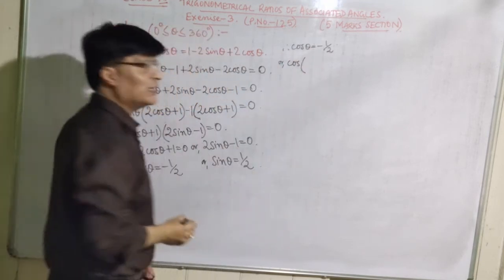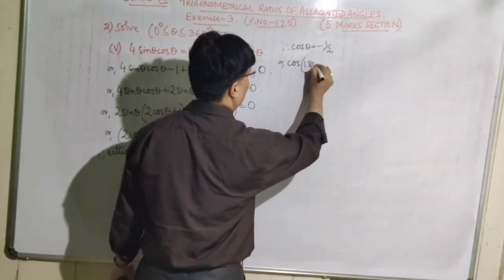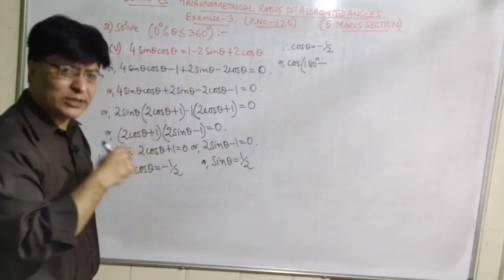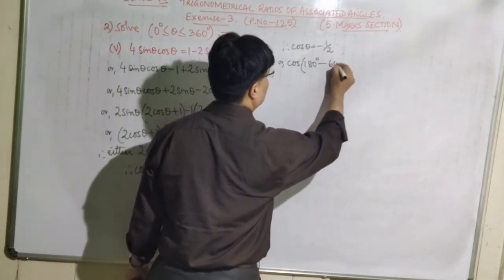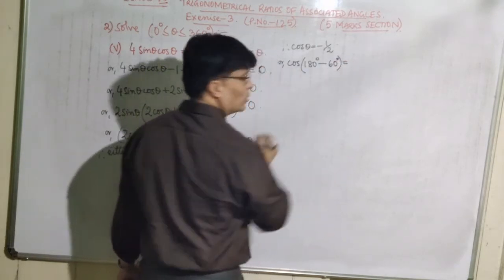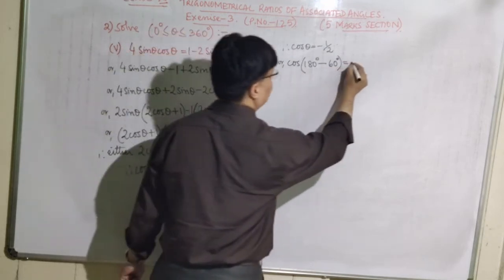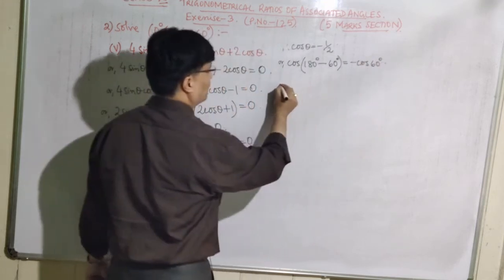So how can you get the angle in the second quadrant? It is 180 degree minus the angle whose cos is half. Cos of which angle is half? Cos of 60 degree is half. On the right hand side, write down the formula. What is cos 180 minus theta? Minus cos 60 degree.